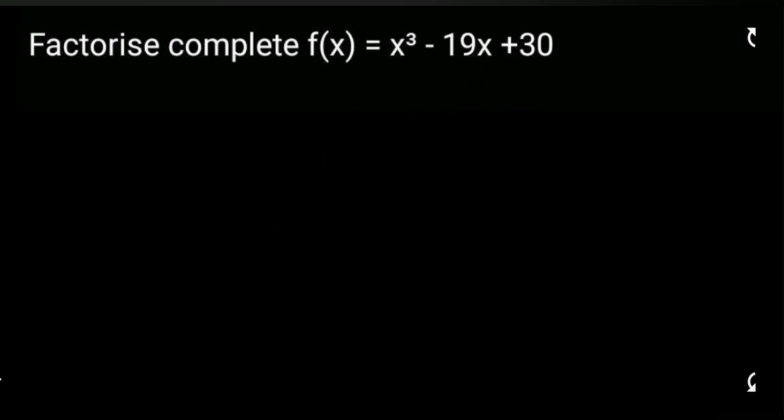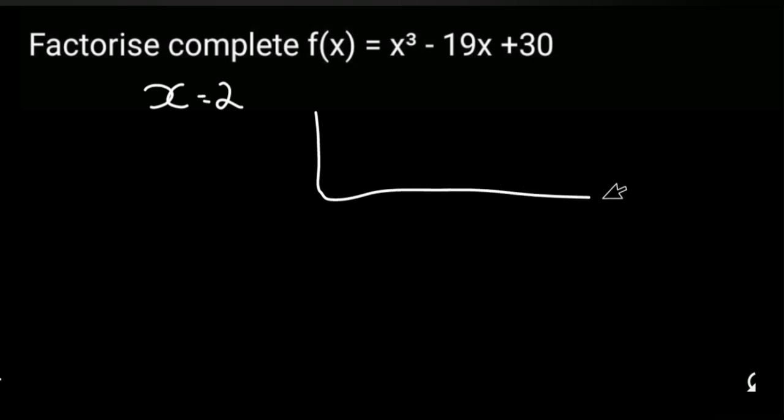To factorize this one, the value that I substituted here and got 0 was x equals 2. Then we need to use synthetic division to factorize this one. We need to insert the coefficients of f of x in this form. It's going to be 1, the coefficient of x cubed.